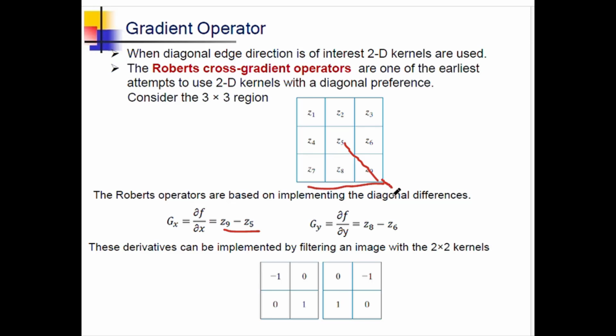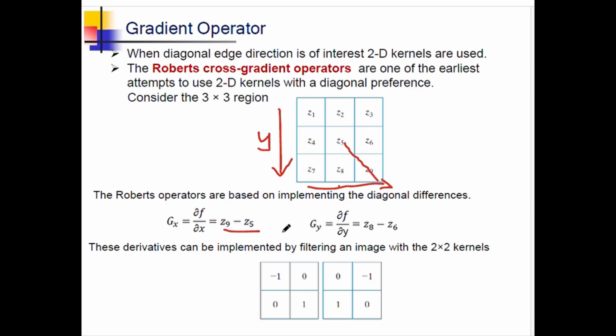This column is at x, and this is at x minus 1. In the same way, gy, which is ∂f/∂y, is Z8 minus Z6. Along this it is y, and this becomes y plus 1, because y is increasing like this.